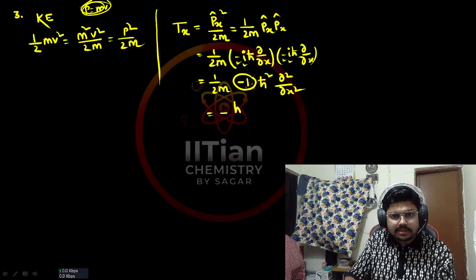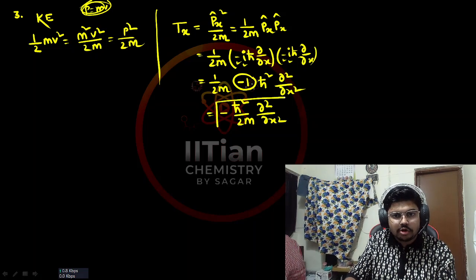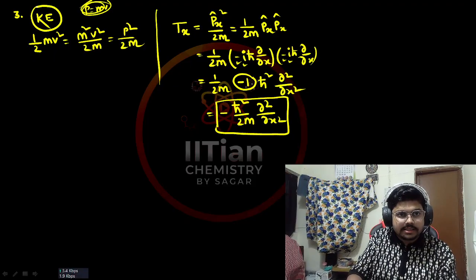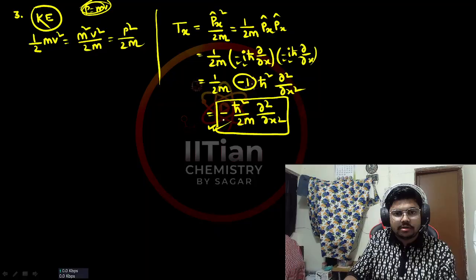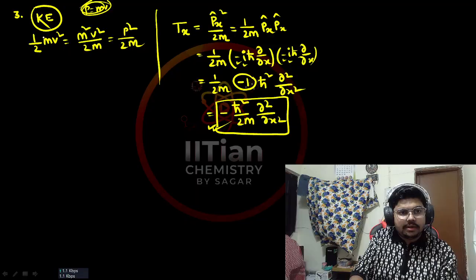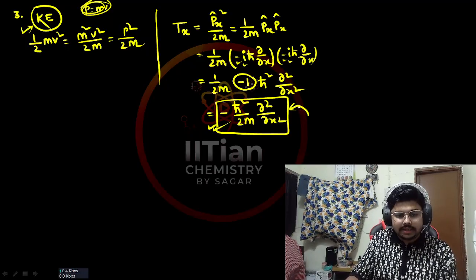That means minus h cross square by 2m del 2 del x2. That is the operator of kinetic energy. This is the kinetic energy operator in quantum mechanics, for the classical mechanics observable kinetic energy.